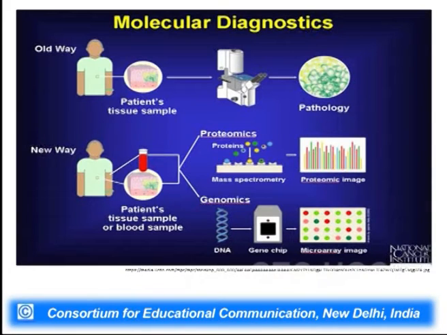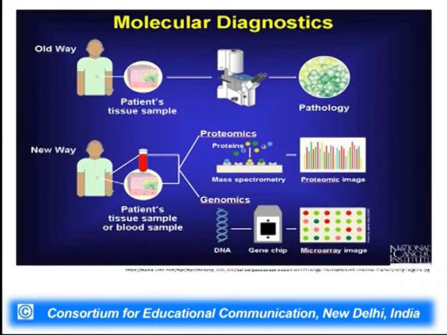Now, in the older ways, the patient's tissue samples or cell samples were taken out, and then these were observed microscopically or histochemically. The various pathway tests were done under pathology exercises.